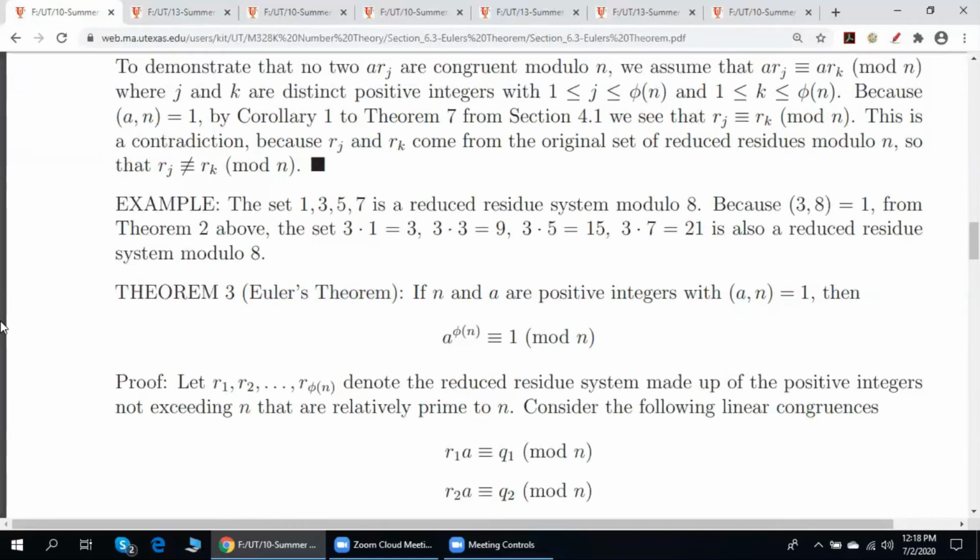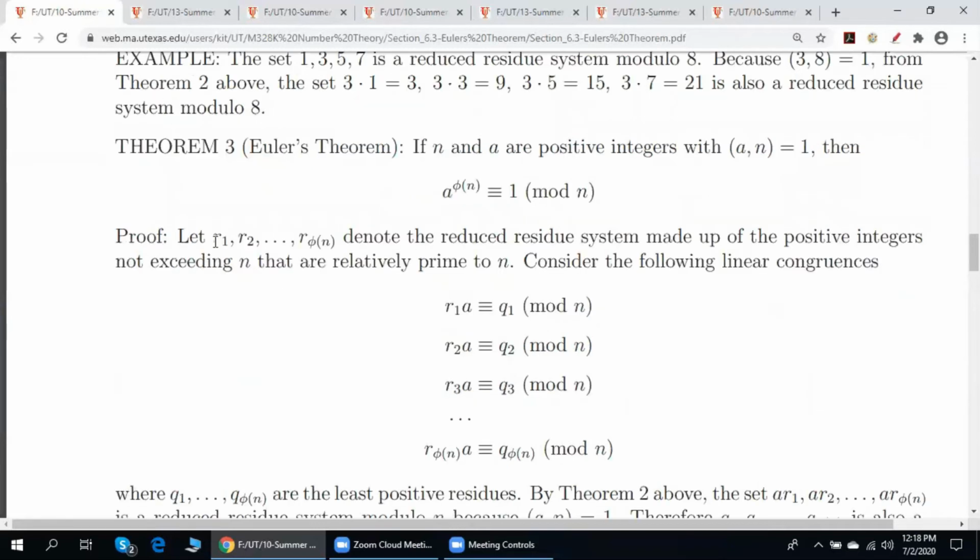Let us prove Euler's theorem. Let r_1, r_2, and so on, r_phi(n), denote the reduced residue system made up of the positive integers not exceeding n that are relatively prime to n. Here is what we do next. Let us multiply each of these numbers by a.